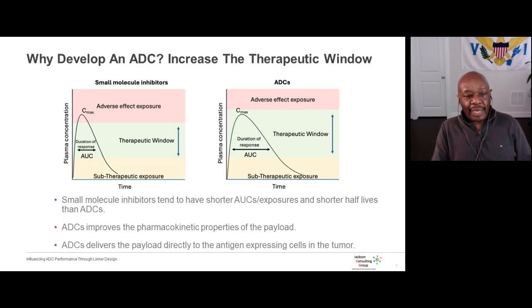This is where you're going to have your adverse effect exposures, where you have the toxicities associated with your molecule. You want to minimize this as much as possible. That's why the ADC in particular does both jobs. It minimizes the adverse exposures and maximizes the time above the subtherapeutic exposure, giving your ADC the best time to carry out its function, which is to kill tumor cells.